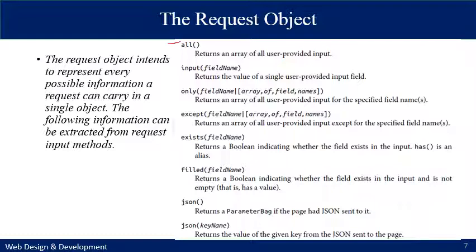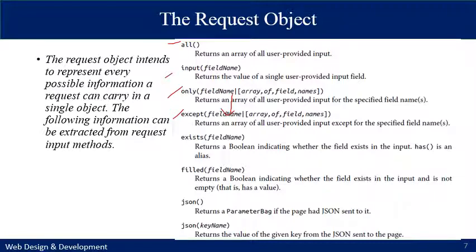One example is the request all method, which returns an array of all user-provided input. You can also find a single input from one or more fields by calling the request input method and specifying the name of the field. The only method allows only the specified fields, and the except method allows all the fields except those provided in the field name attribute.